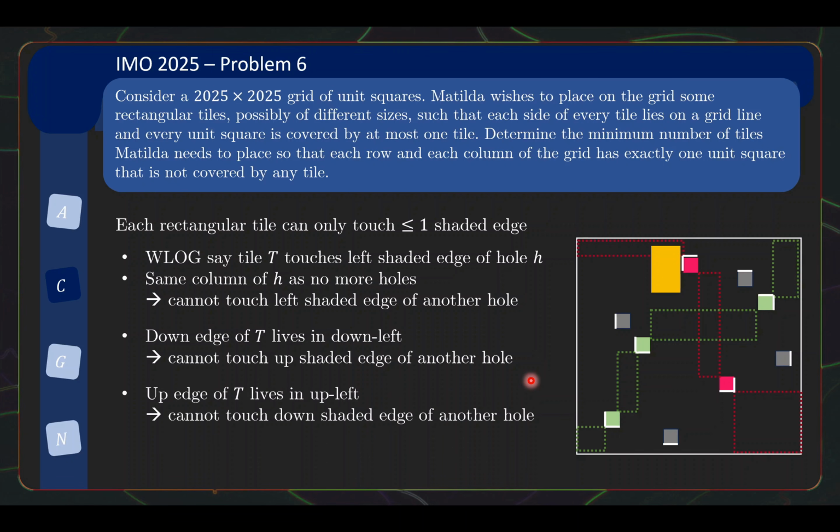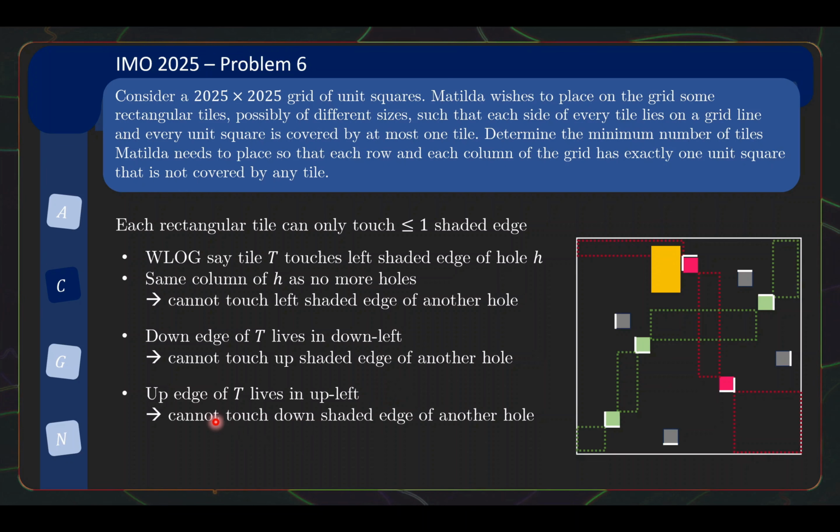Okay, we have one more chance to revisit this logic. The up edge of T must be to the up and left of hole H. And since hole H must be on the up and left of the LIS, it could be on the boundary, but together that implies that the up edge must be in the up left region relative to the LIS, or it could be on the boundary.